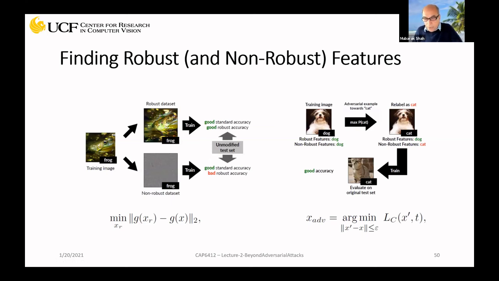The way we are going to generate these X prime is that we start with X, and we generate X prime. We want to change its label to T, and we want to stay close to X within epsilon, and this is the loss for the classifier.